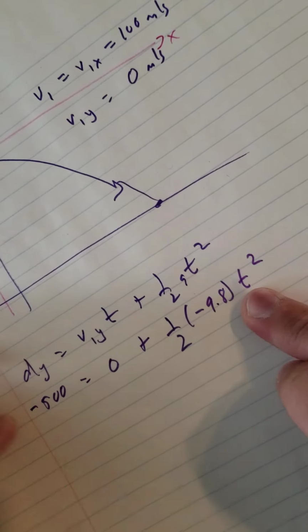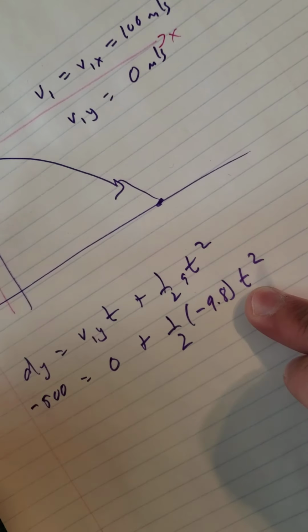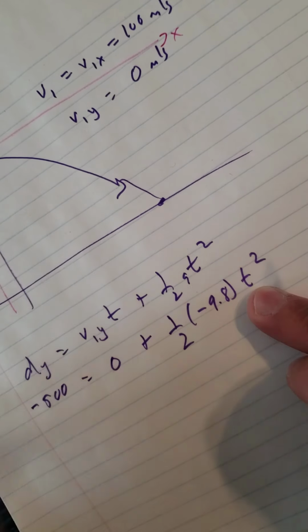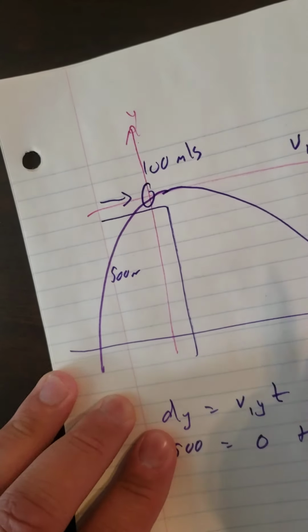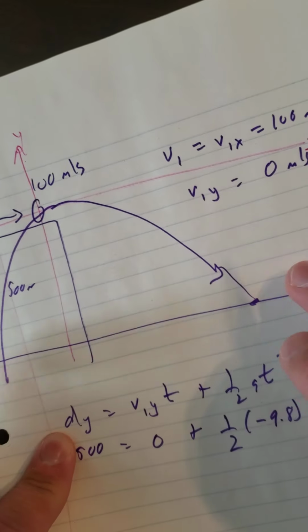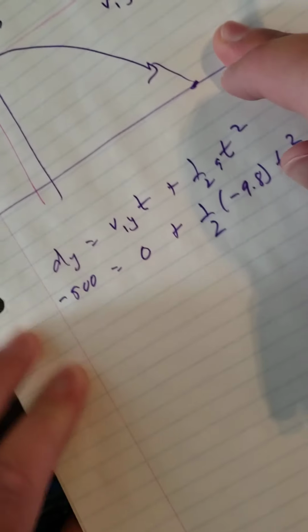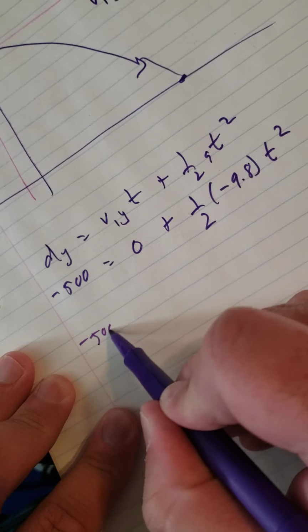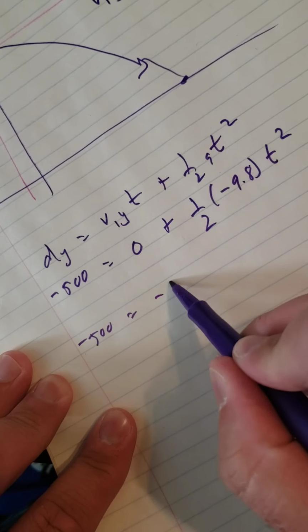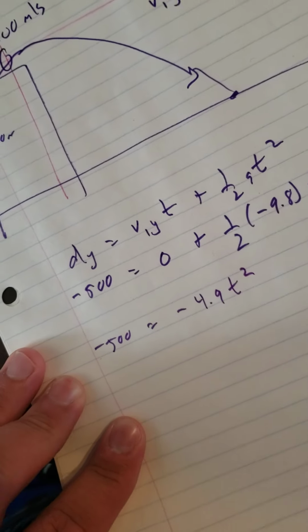I don't know what t is. T is essentially how long it takes this thing to hit the ground. Or, if you want to think of it in terms of the quadratic function that's drawn, it's really the x-intercepts of the quadratic function. Okay, so back here, simplifying this, this is negative 500 equals negative 4.9 t squared.